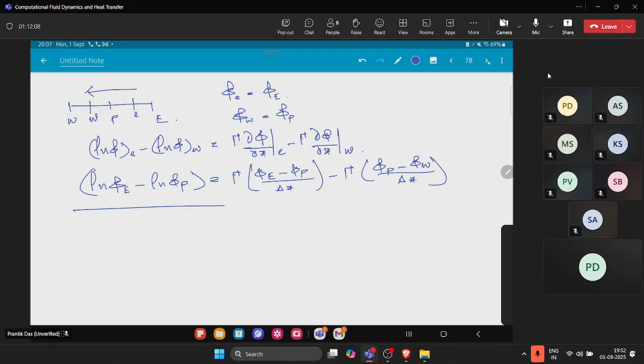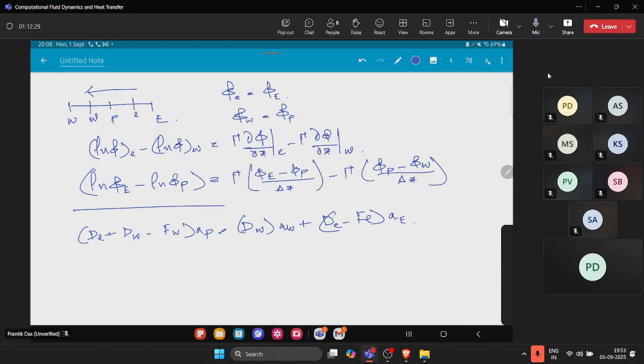So your equation becomes D plus DW minus FW. AP is equal to DW AW plus DE FE.